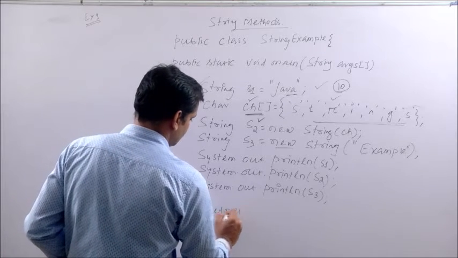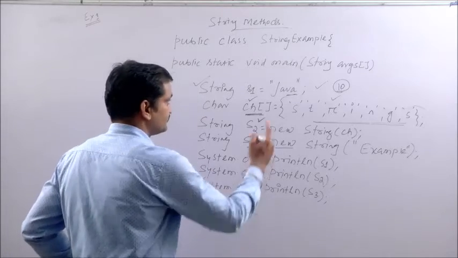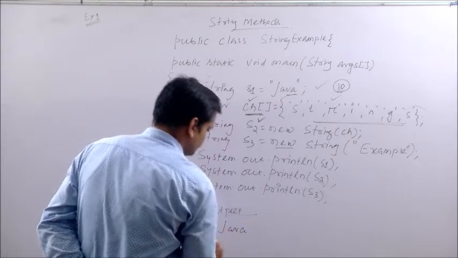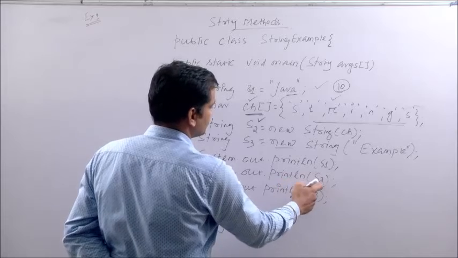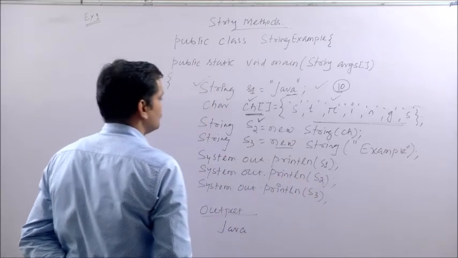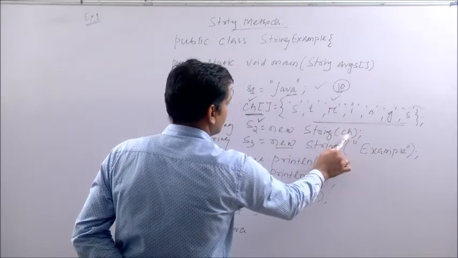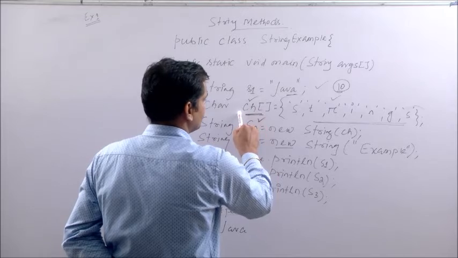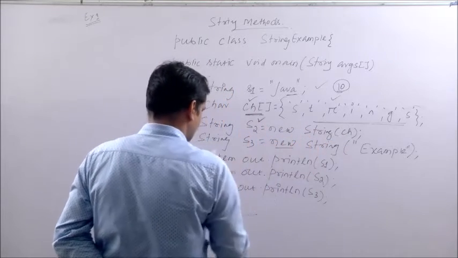The output will look like this. The first output is the first string S1, that is Java, and then it comes to the next line, because it is println, it creates a new line whenever it prints the argument. S2 is strings, which is initially stored in an array of character, then given as an argument to the string class, creating S2.